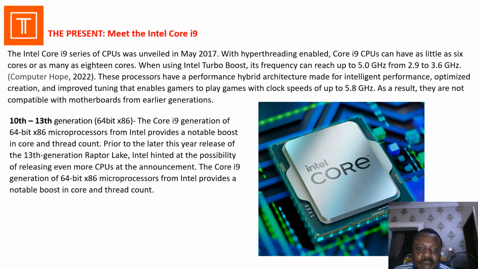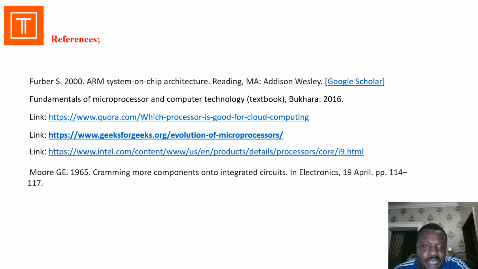The processors have a performance hybrid architecture made for intelligence, performance, optimal creation, and improved tuning that enables gamers to play games with clock speeds up to 5.8 GHz, and as a result, they are not compatible with boards from earlier generations. References are listed below.